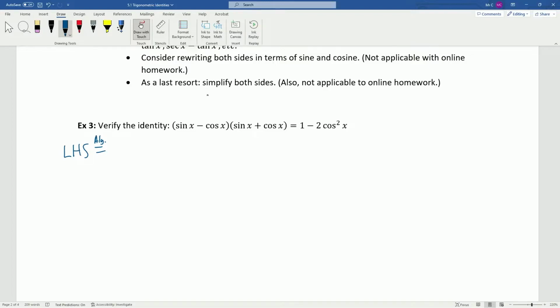So I start with my left-hand side and I multiply sine by sine, and I get sine squared of x. And I multiply negative cosine by sine of x. And I multiply positive sine of x by positive cosine of x.